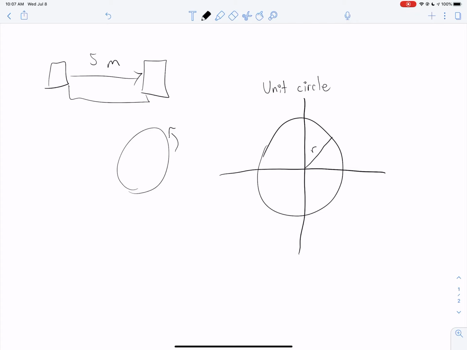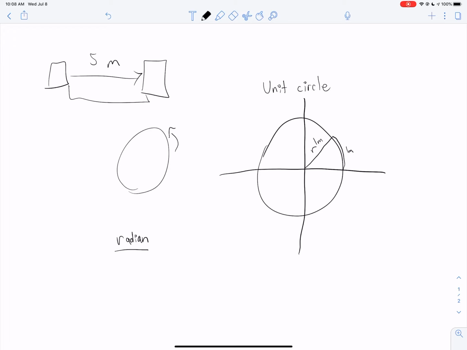So a radian is the distance around the circle equal to one radius. For example, let's say this is 1 meter, and then this is also 1 meter around the circle. Then we say that this is 1 radian.